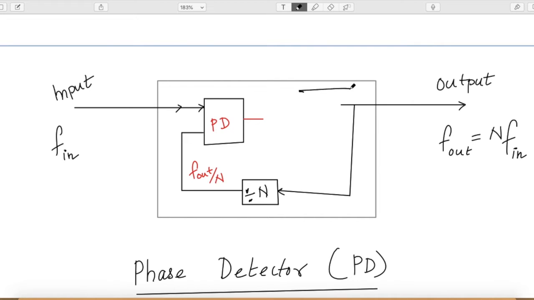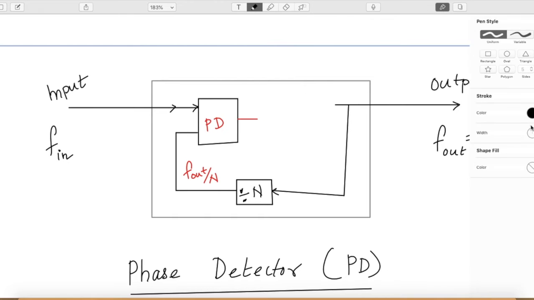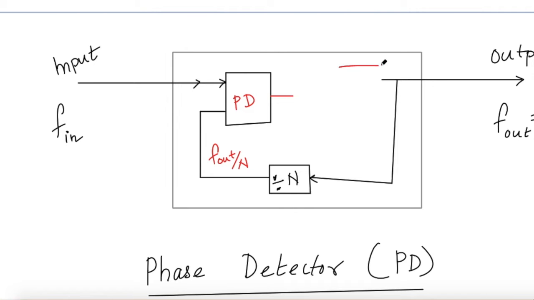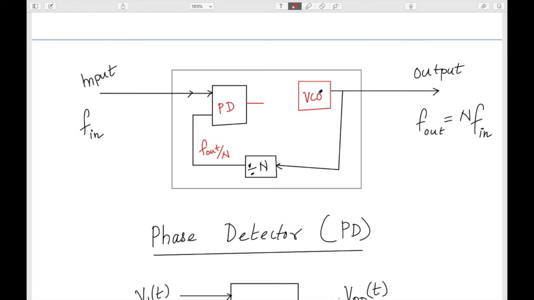So here we use a VCO. This VCO is going to generate that n times f in frequency, for a particular control voltage.